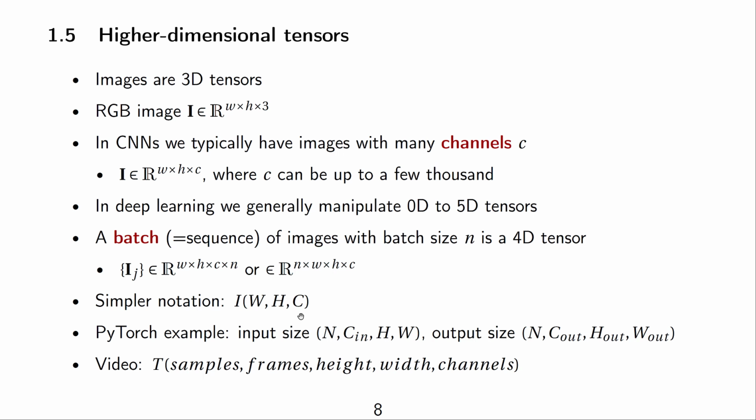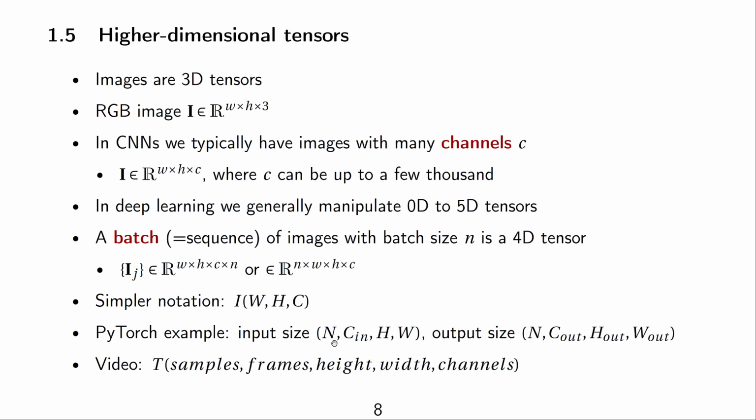Also, you will see something in the PyTorch help, or in the PyTorch documentation, that reads something like, okay, this type of function or layer has an input size of this. That means the input is expected to be a rank 4 tensor that has the following axes.